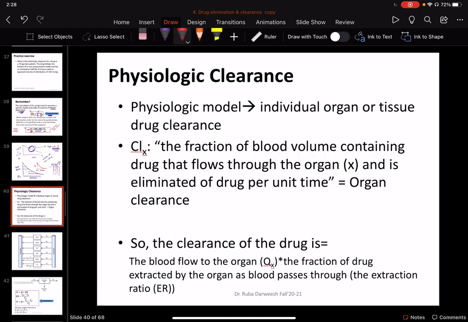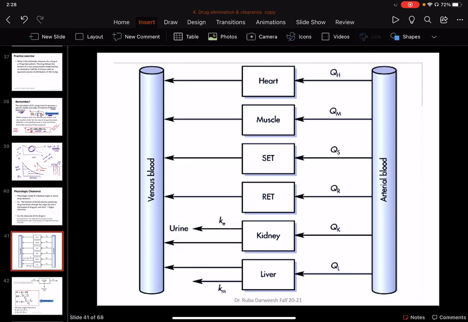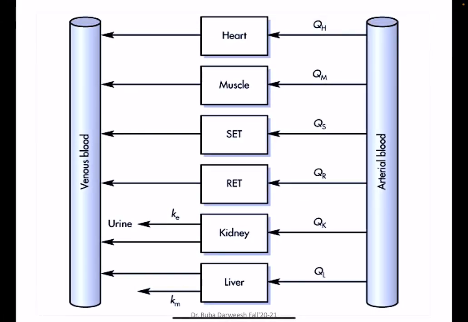Okay, let's talk now about the physiological definition of the clearance. We already know that we have a physiological kinetic model. If you remember, we said that we need to know what is going to the different organs and what is going out of different organs. We need to know the flow of the blood to that organ.